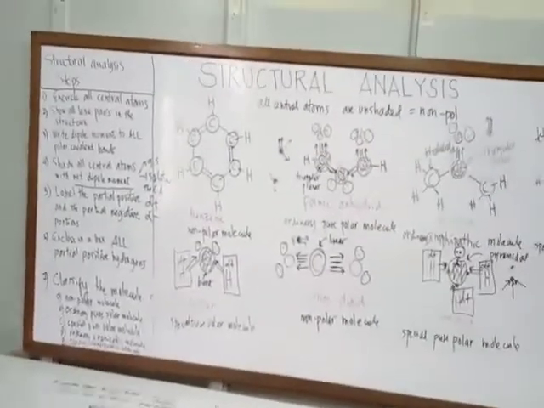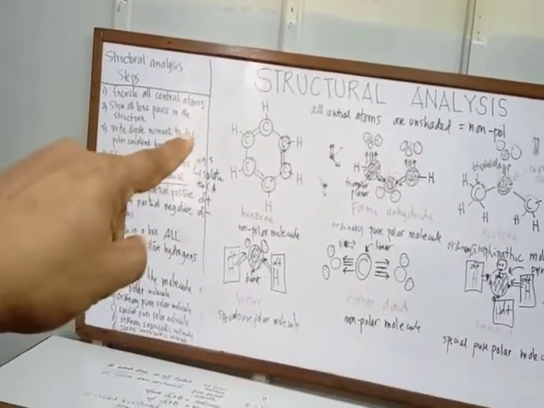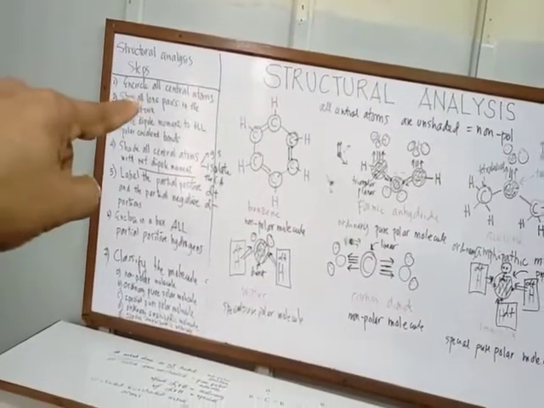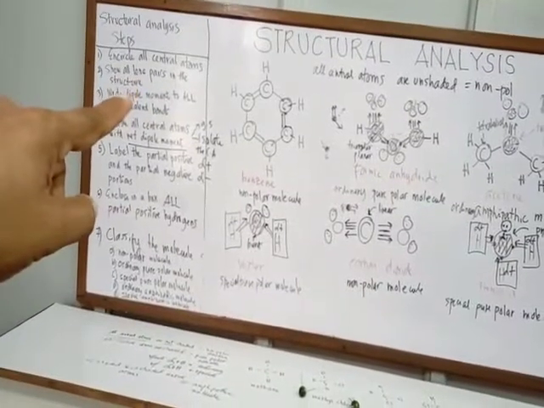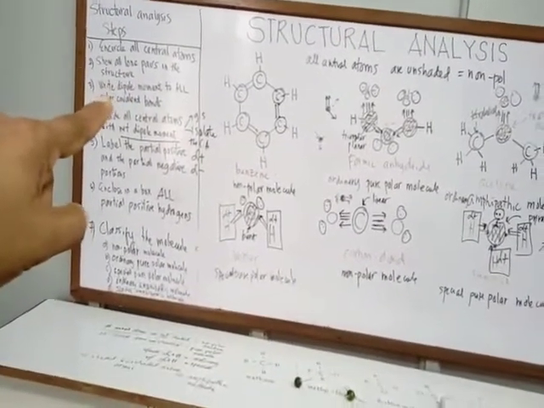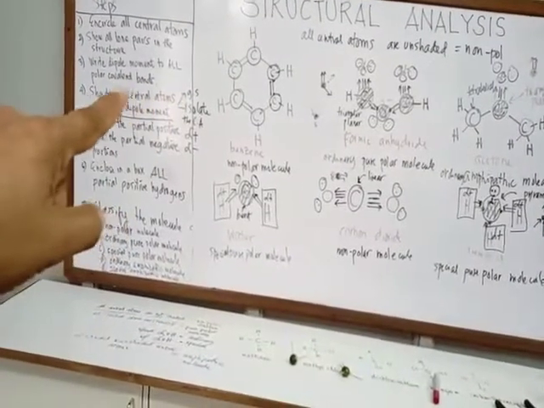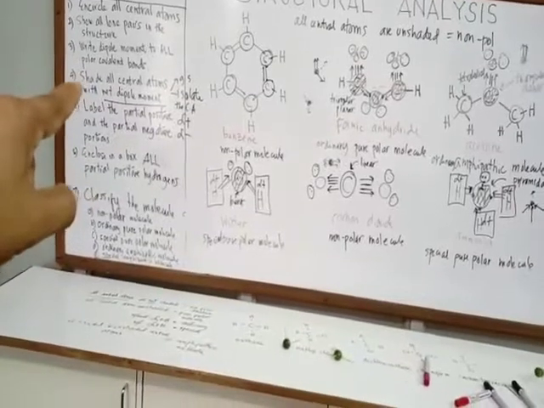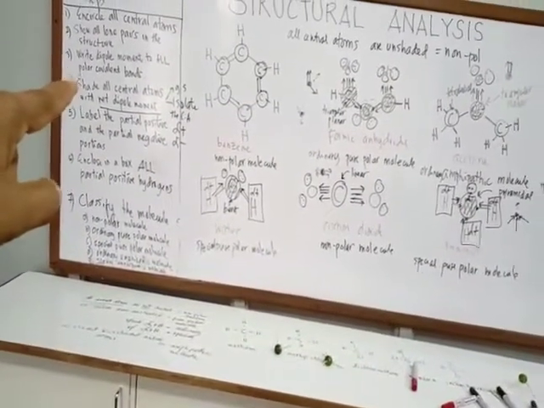What are the steps again? 1. Encircle all the central atoms. Second step, show all the lone pairs. So you draw all the lone pairs in the structure. Third, write dipole moments to all polar covalent bonds.